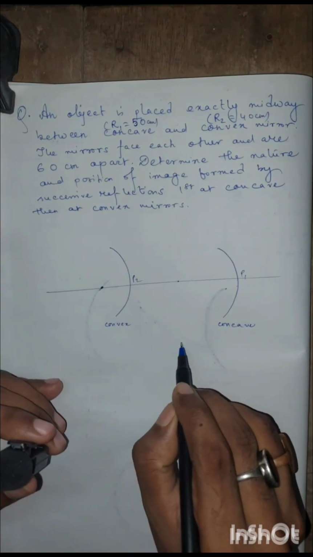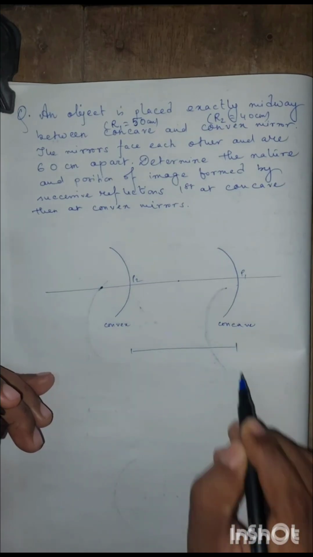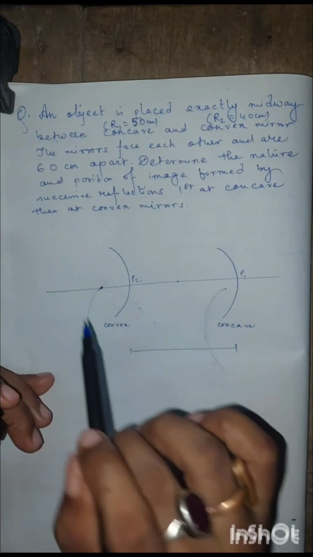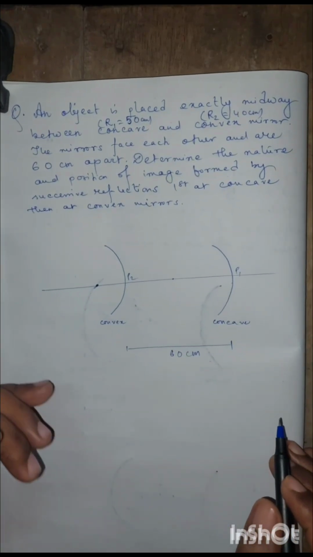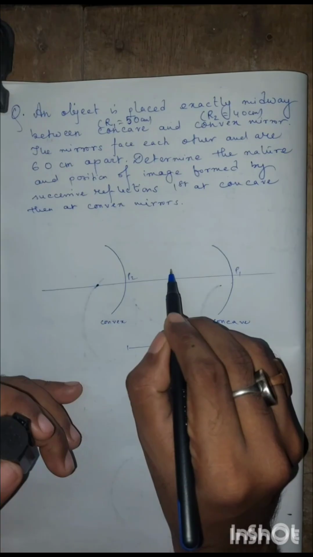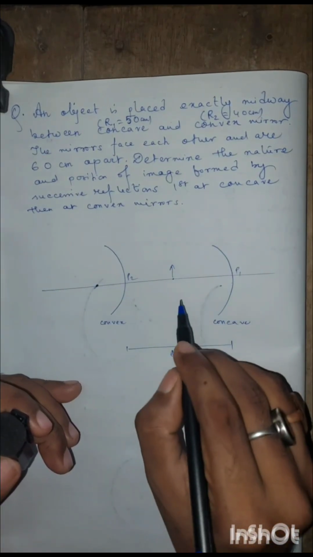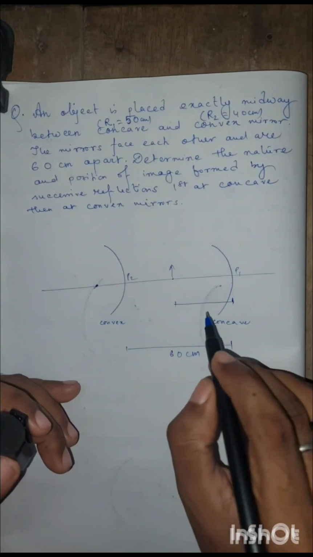So the distance between P1 and P2 is given, the mirrors are 60 centimeter apart. This is 60 centimeter. So this distance where the object is placed should be 30 centimeter.